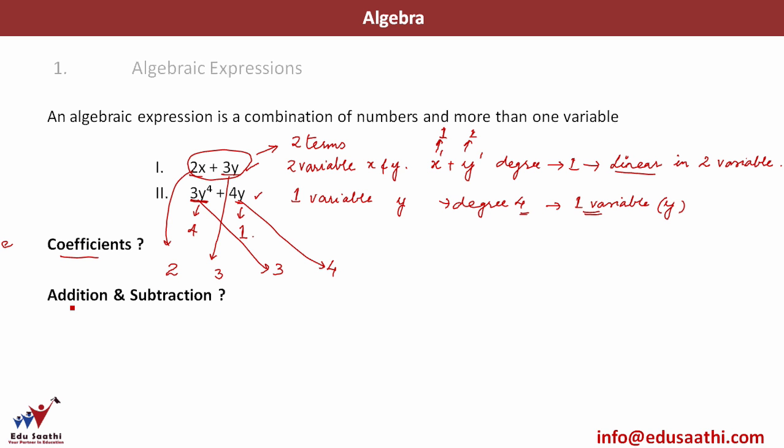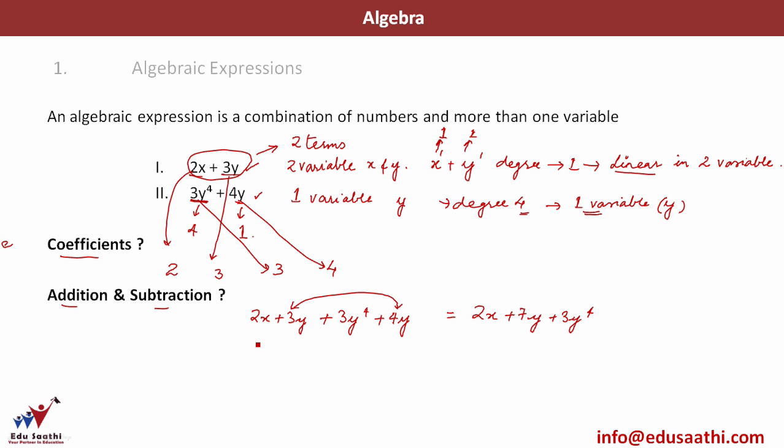Now when you have to add or subtract two things, for example I add the two things, it will be 2x plus 3y, which is the first algebraic expression, plus 3y raised to power 4 plus 4y, which is the next algebraic expression. If I have to add it, I will only add up the terms which have the same powers. So my answer will be 2x plus 7y plus 3y raised to power 4.